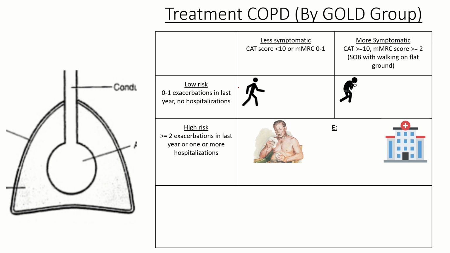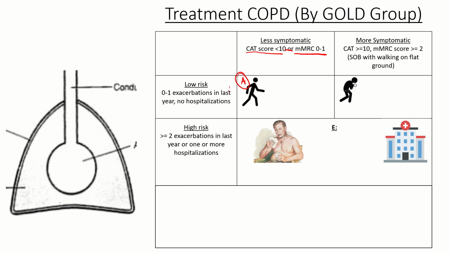The first thing you want to do is put the patient into a group. So what group is the patient in? The group is going to rely on patient symptoms as well as patient risk. The first group would be group A. So you can see this patient's walking normally and is not super symptomatic, meaning their mMRC score is 0 to 1, or you can use a CAT score less than 10.